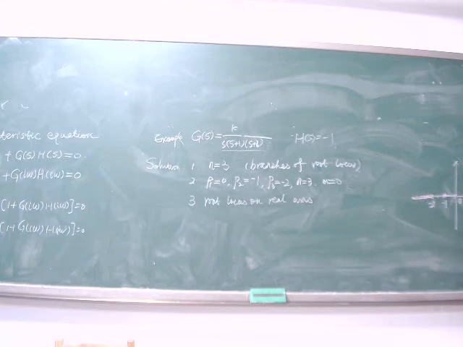For this part, on any point on it, there are three poles on its right, so it is root locus on the real axis. So this is the way of how to determine the root locus on the real axis.